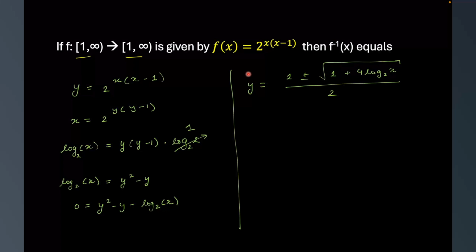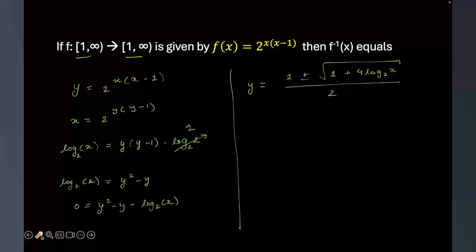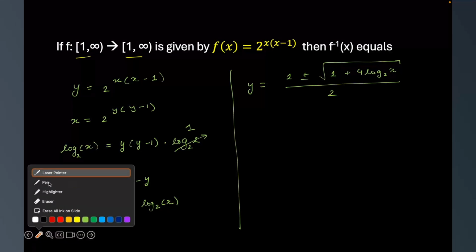Remember, this is the range of the inverse, which is the domain of the original function. Do not mix them up, okay? So this is the range, which is the domain, and the domain is from 1 to infinity, and the only way we can get something equal to 1 or greater than 1 is if we keep a positive sign, and we neglect the negative sign.